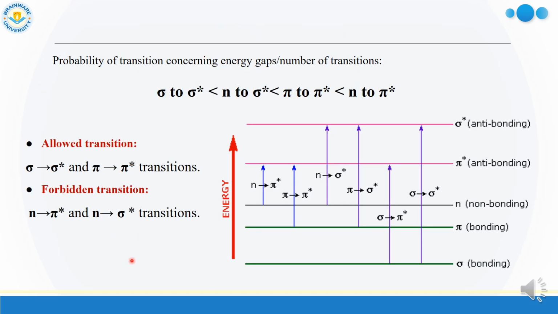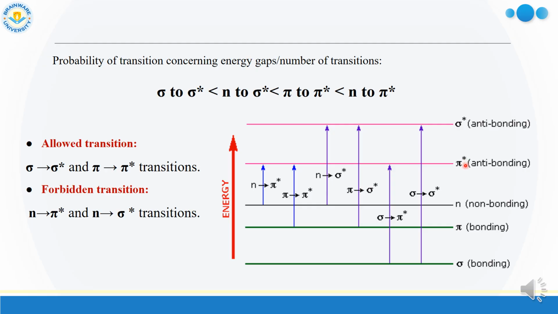Now, what are the probable electronic transitions? From the molecular orbital theory, you already know that there are different bonding molecular orbitals and antibonding molecular orbitals. In this picture, you can see the bonding molecular orbitals like sigma bonding, pi bonding and non-bonding.